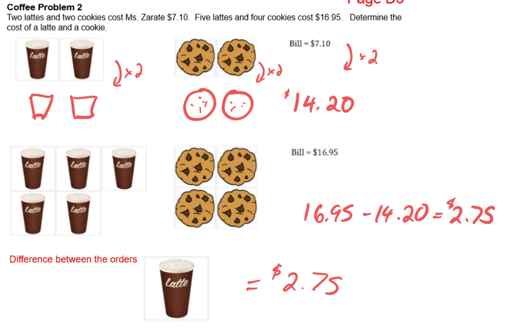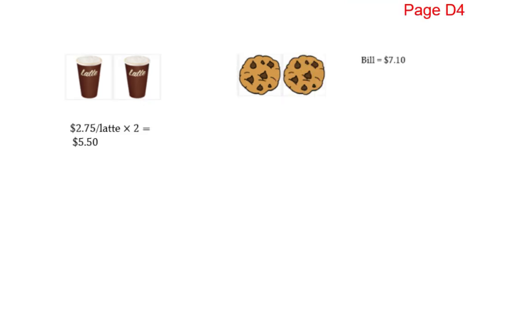Once we know that a latte is $2.75, we can go back to this first day order, which is 2 lattes. We now know that these 2 lattes cost us $5.50, $2.75 times 2. These 2 cookies, on the other hand, have to be whatever is left over in the bill.